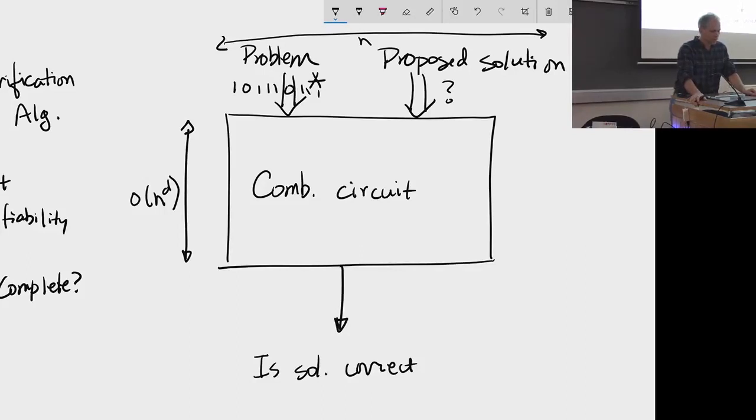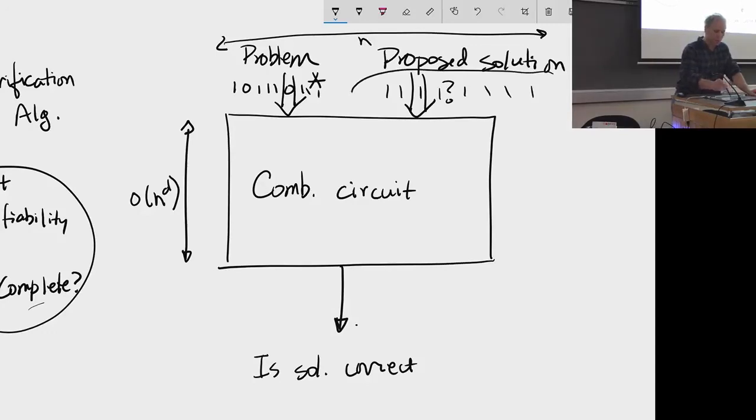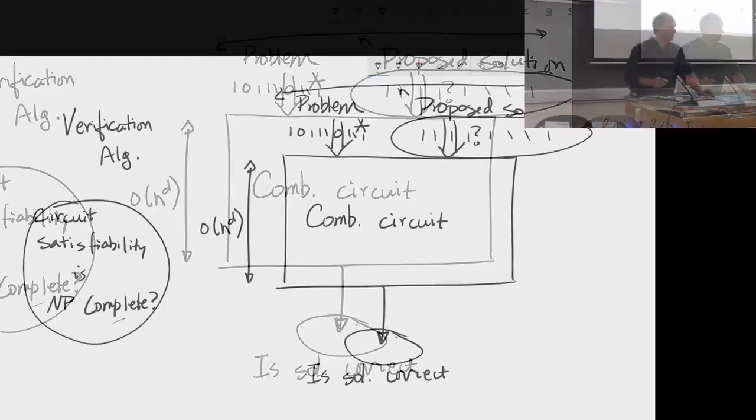The circuit satisfiability algorithm takes this circuit and says, okay, there's a bunch of inputs here. Is there a way to set those inputs that makes a 1 come out the bottom? That's what the circuit satisfiability algorithm does. It finds a way to set these to trues and falses such that a 1 comes out the bottom, thereby finding the solution.